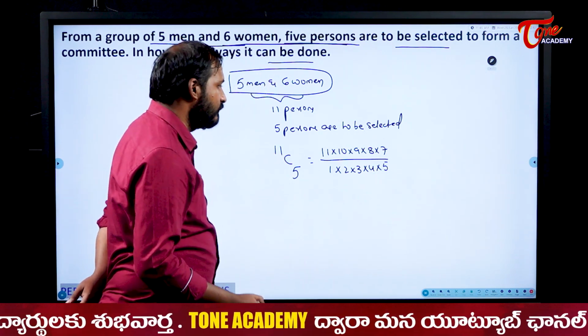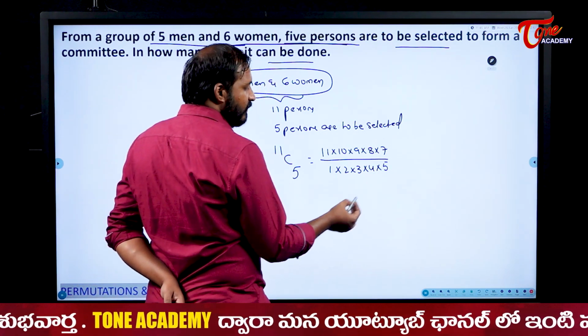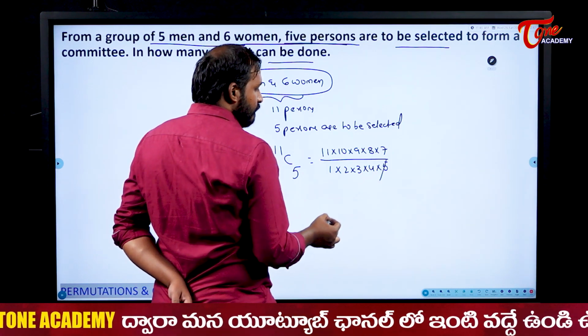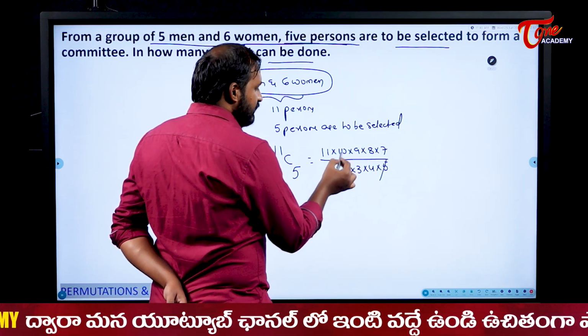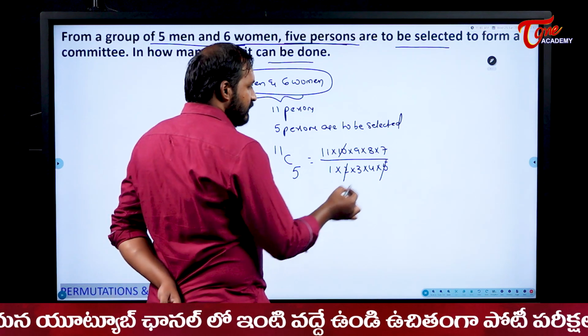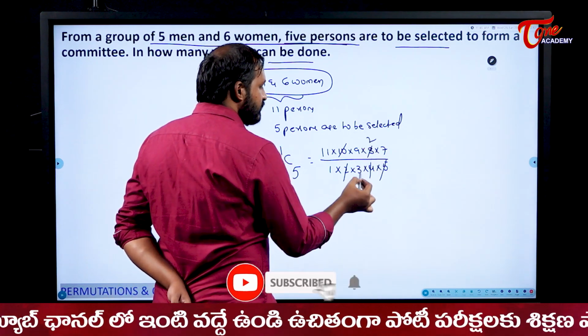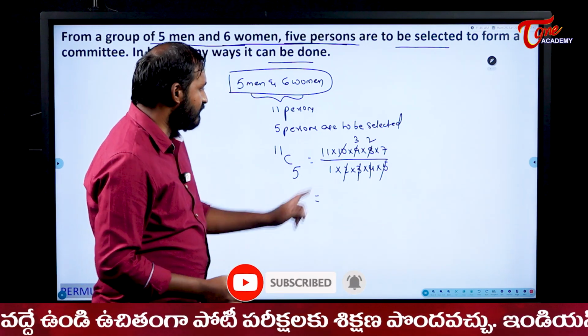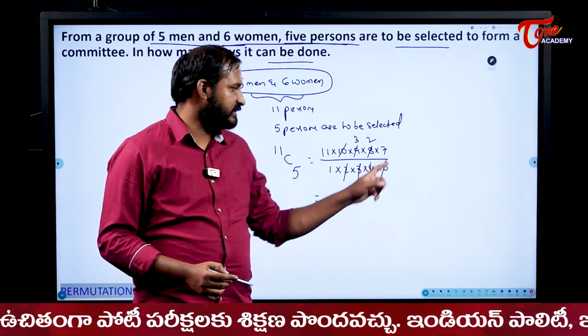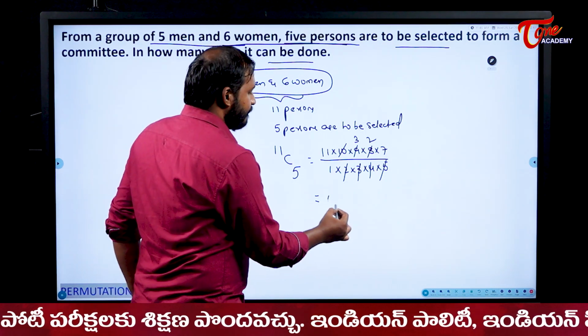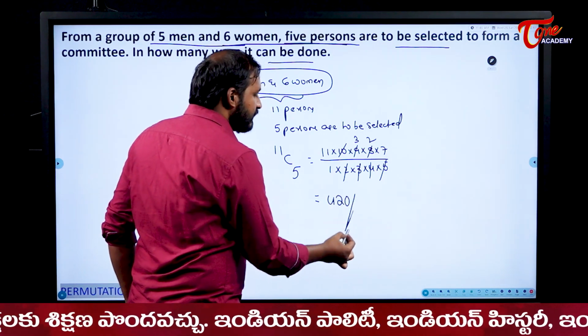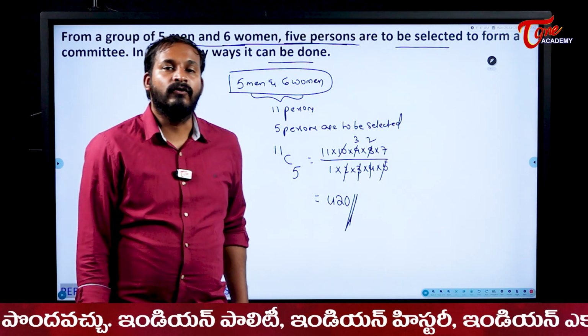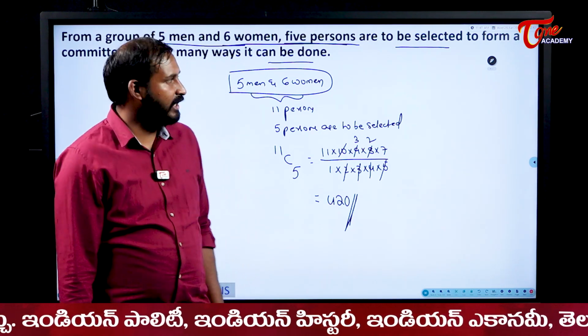Now please observe what happens. 5 2s are 10, 10 and 10 will get cancelled. Next 4 1s are 4, 4 2s, 3 1s are 3, 3 3s. So 11 3s are 33, 3 2s are 6, 6 7s are 42. That means we can select them in 420 different ways. Okay, right?